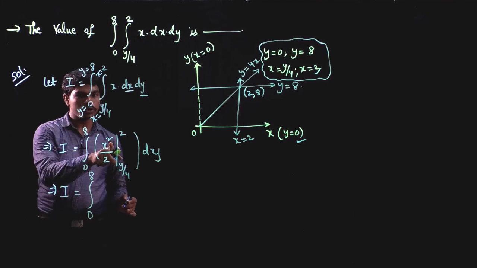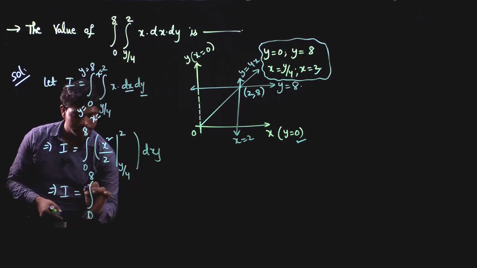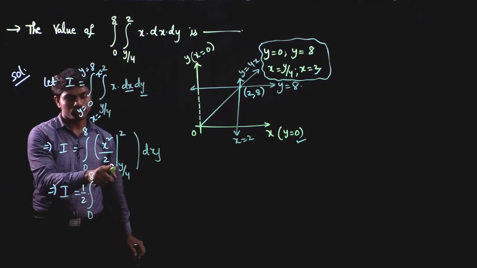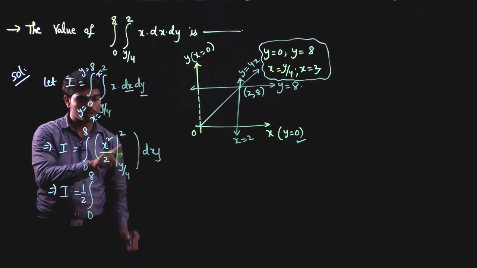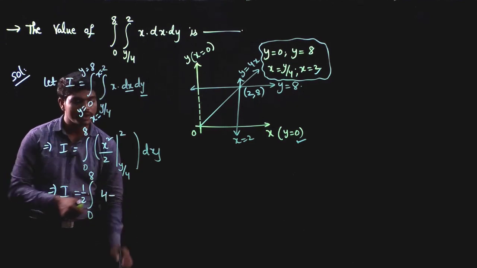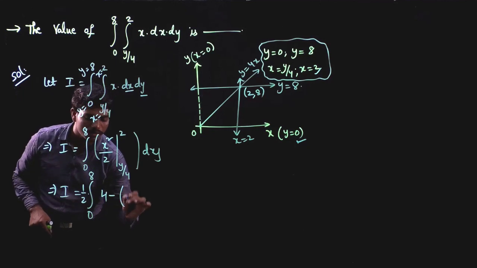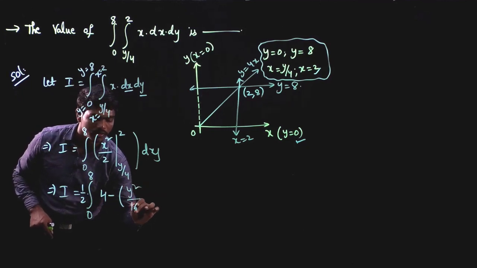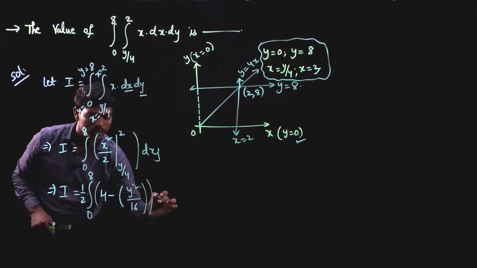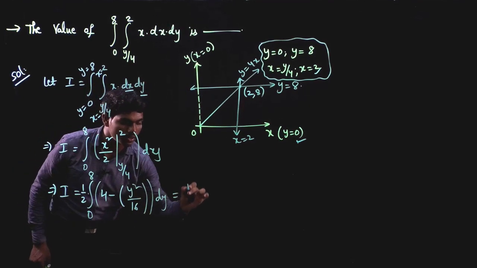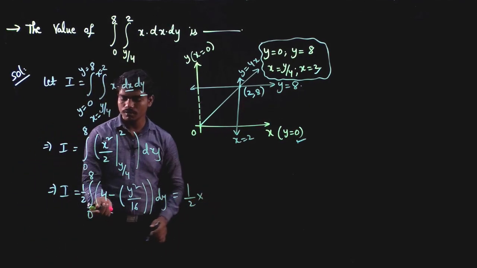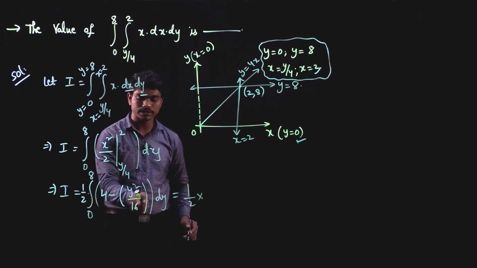Let us take this 1 by 2 common out. We have x square: if you put 2 here, 2 square is 4, minus, if you put y by 4 here, we have y square by 16, to this whole dy. Which is equal to half into integral 0 to 8 of 4 minus y square by 16 dy.